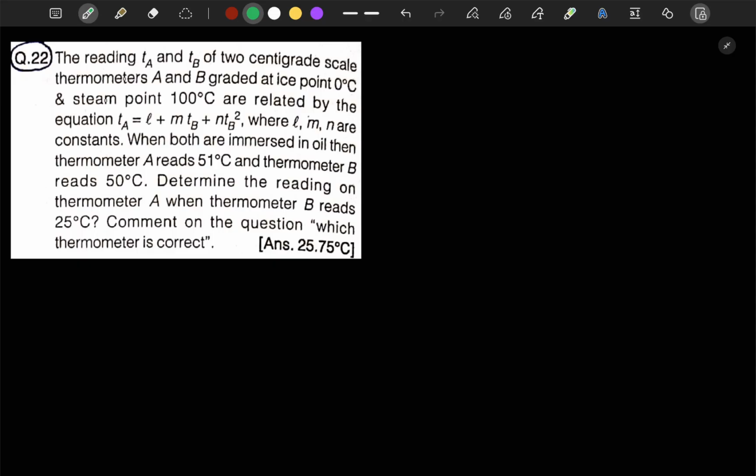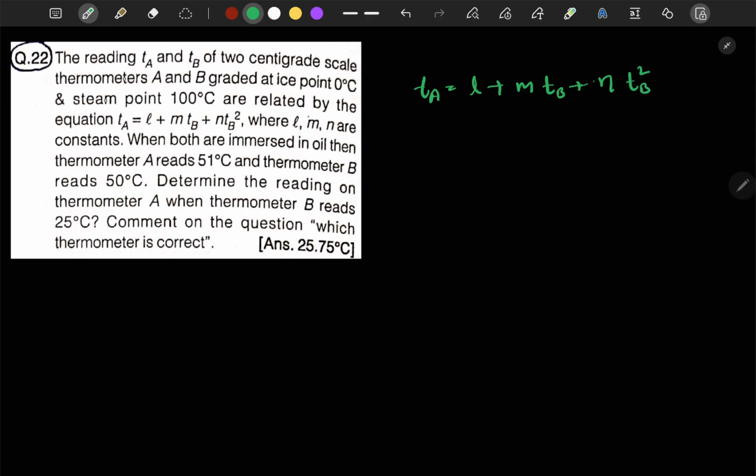Okay, so both are graded 0 degrees Celsius and 100 degrees Celsius. So the equation given is TA is equal to L plus M TB plus N TB square.